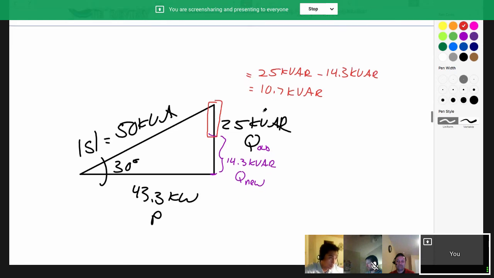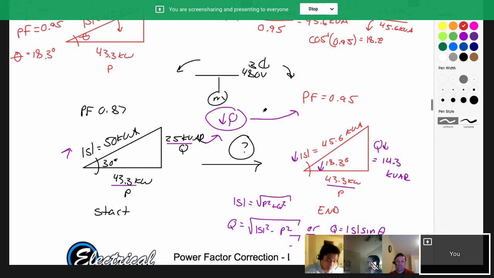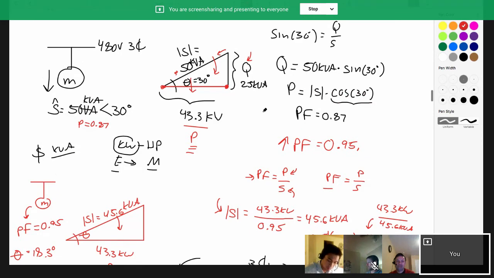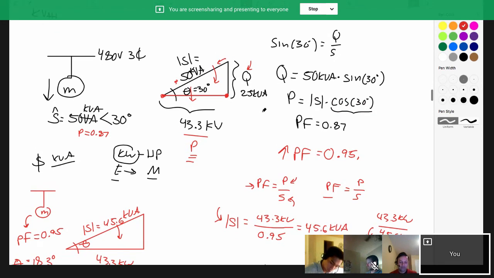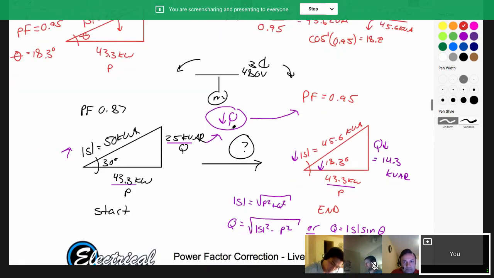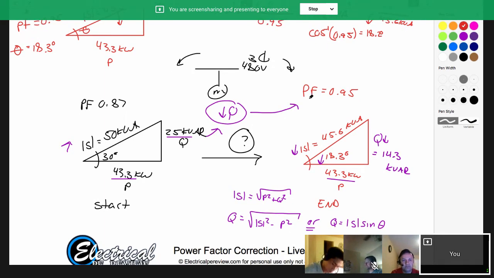So, back to the original question. If we want to decrease that power triangle for our desired power factor of 0.95, but we have to keep P constant, we're just going to reduce this Q. By how much? 10.7.